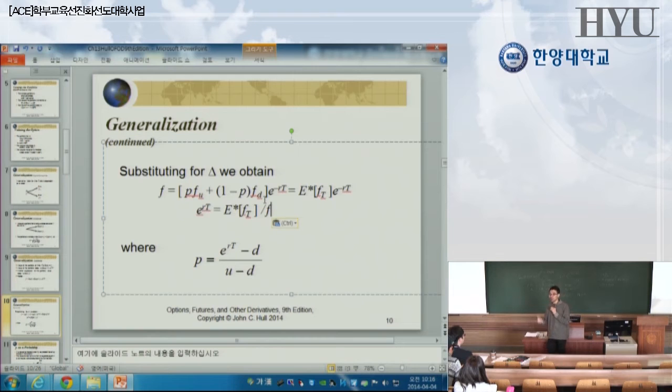Okay, so that's the fundamental intuition of derivative pricing, and that's why Merton and Scholes got the Nobel Prize. They didn't get the Nobel Prize by solving elementary school mathematics. Okay? They got the Nobel Prize because of this.